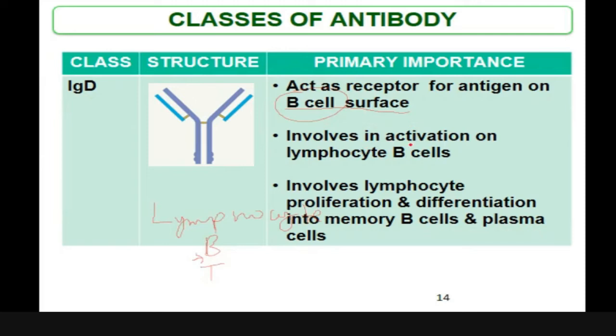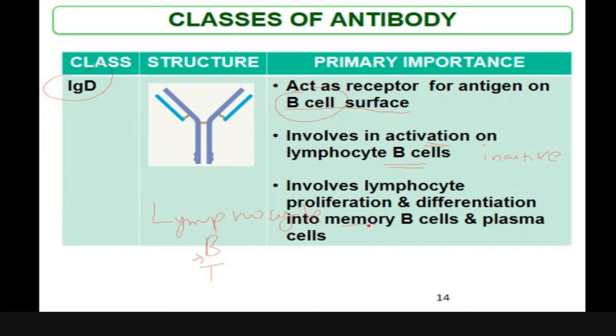It involves activation of lymphocyte B cell. Jadi tanpa IgD, B cell will not be activated. Jadi akan jadi inactive lah. So kalau B cell inactive, nak menghasilkan another type of immune response, dia akan gagal. So it involves lymphocyte proliferation and differentiation into memory B cells and plasma cells.